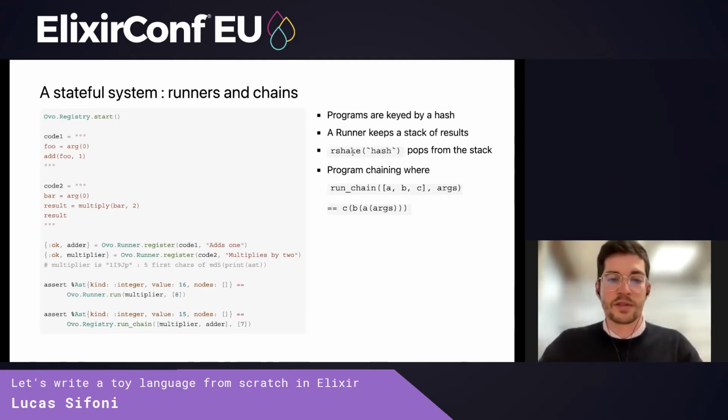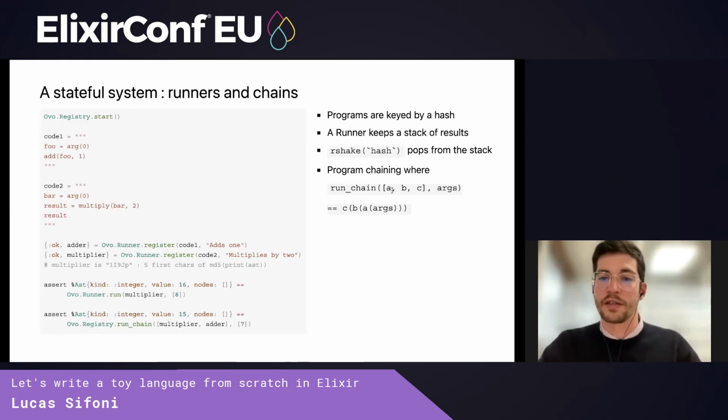So you can have interaction between multiple programs that you can compose. The hash of this multiplier program, for instance, is 1i9jp, which is the five first characters of the MD5 of the print of its AST. You can also have cheap program composition with run chain.